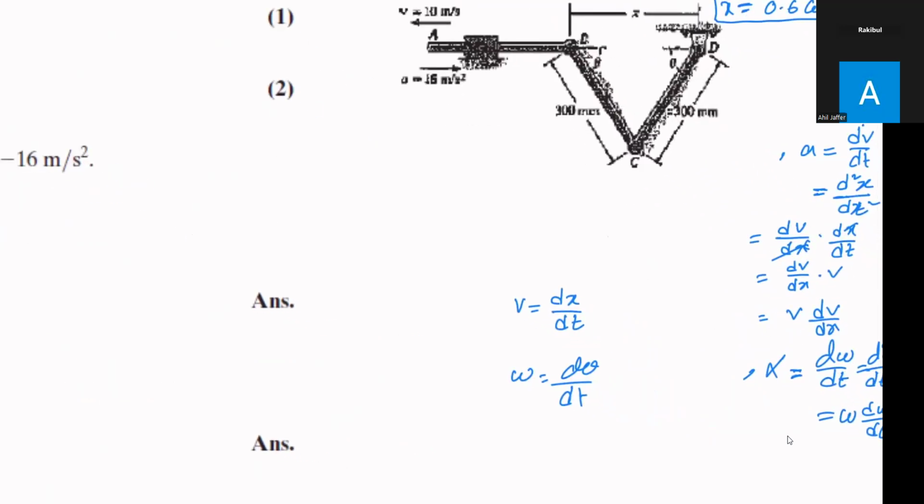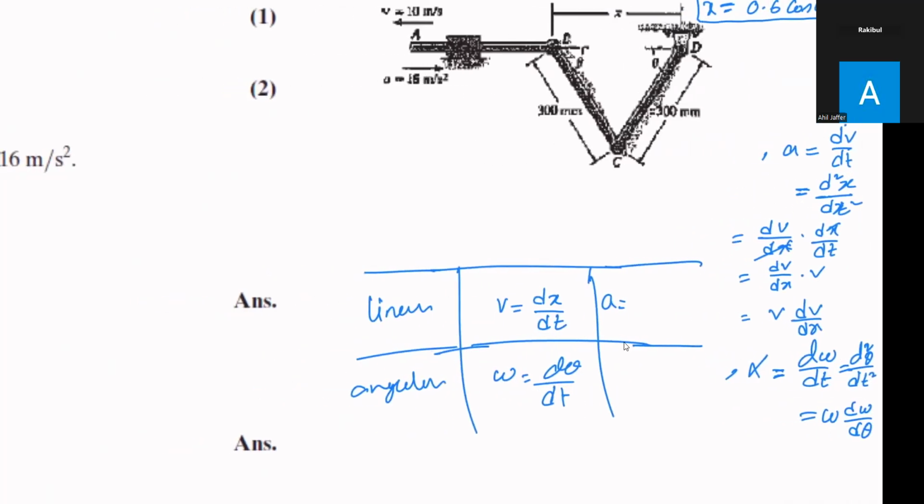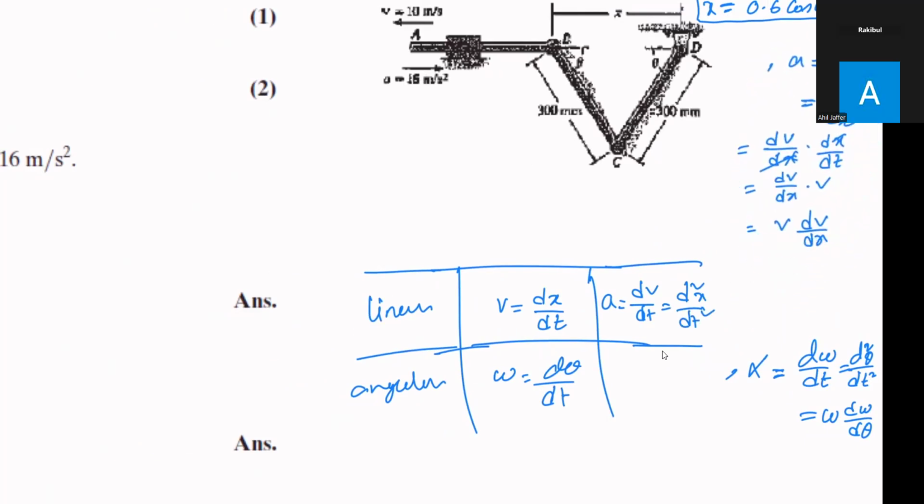This is pretty important that you understand. So this is linear, this is angular. Linear velocity, angular velocity: dx over dt and d theta over dt. And the acceleration: dv over dt, d squared x over dt squared, and v dv over dx.